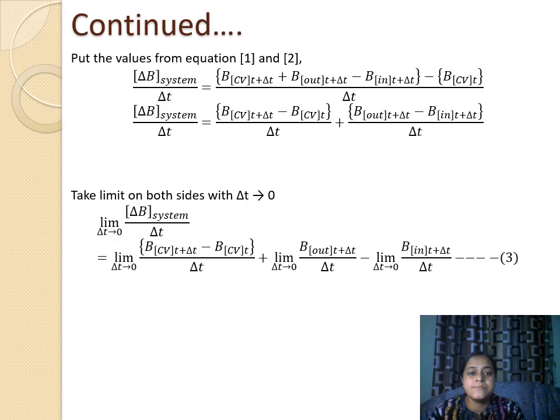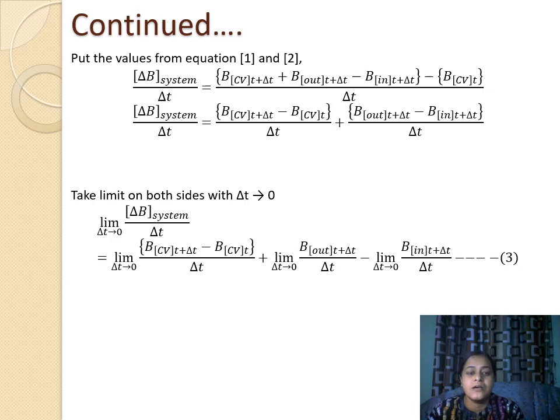Delta B system by delta t equals B in the control volume at t plus delta t, plus B out at t plus delta t, minus B in at t plus delta t, minus B control volume at t.